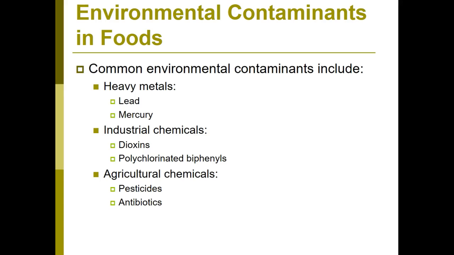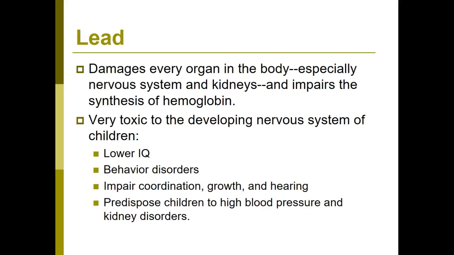We're going to talk a little bit too about environmental contaminants in foods. Most common include heavy metals such as lead and mercury, industrial chemicals such as dioxins and PCBs, and then agricultural chemicals like the pesticides or antibiotics that are used in producing food. Lead can damage every organ in the body, especially the nervous system and kidneys.